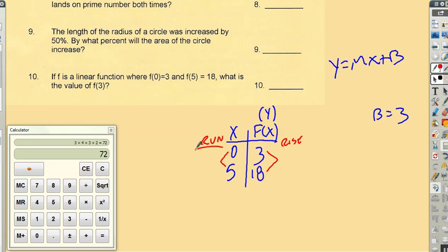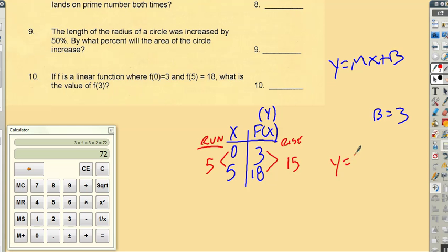So what is the rise here? 15. What is the run? 5. What's the slope? 3.